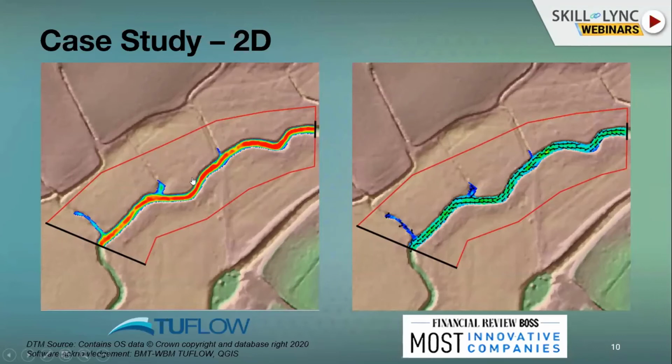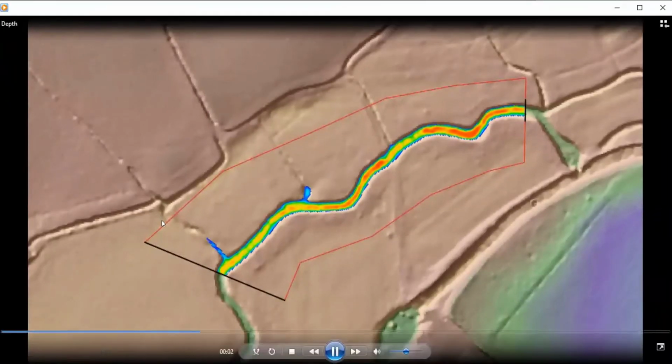On my left, this is depth, and this is velocity. I'll play this again. This model was built in TUFLOW, as I said, but the polygons and polylines were generated in QGIS.